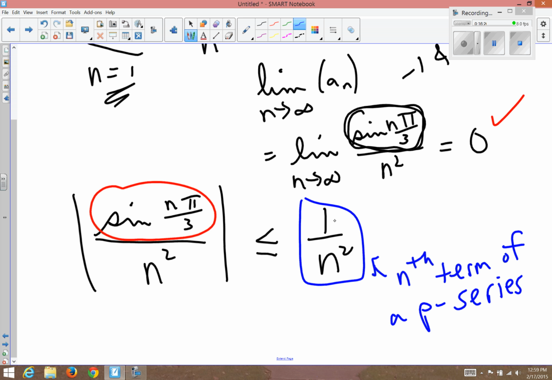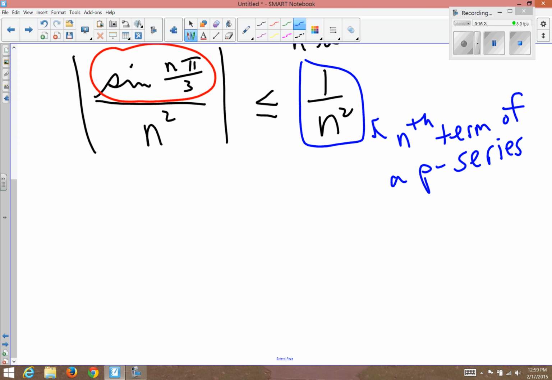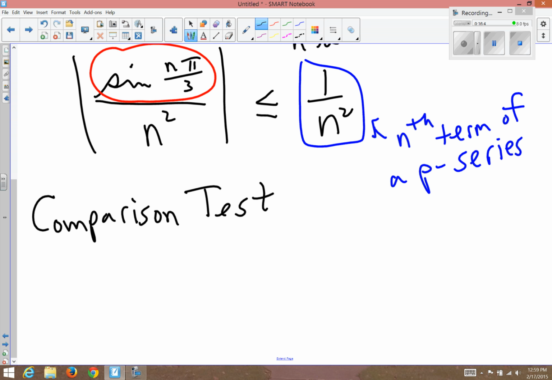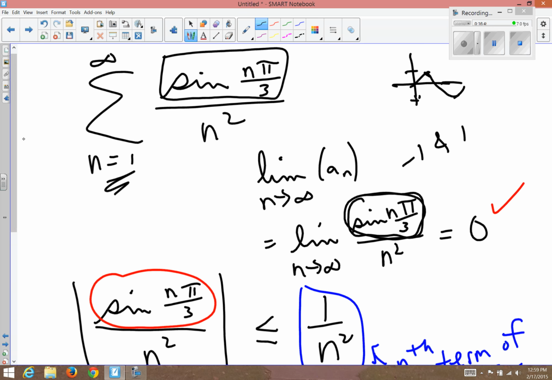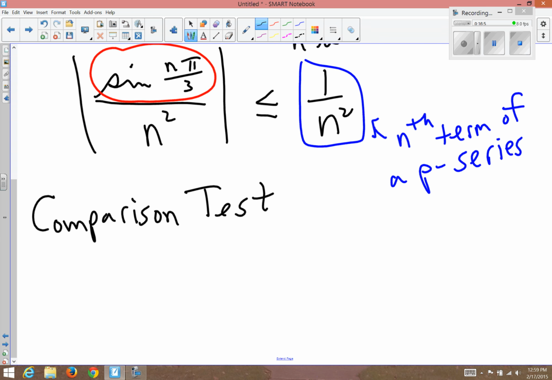Because a p-series, 1 over n to the p, converges when p is greater than 1. P is the power. So by the comparison test, we have the nth term of this series being less than the nth term of a series that converges, so it converges.